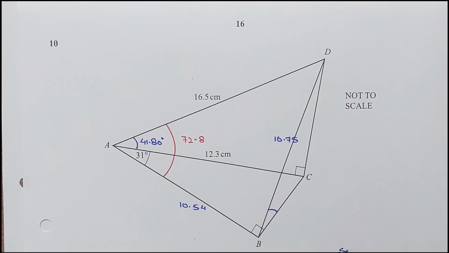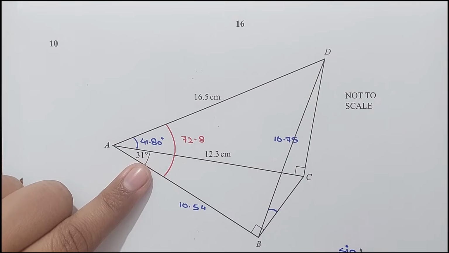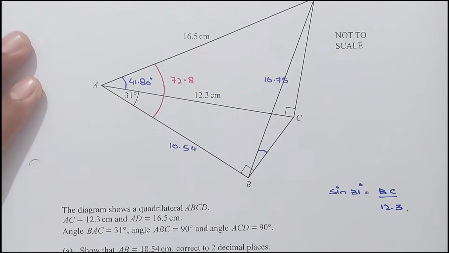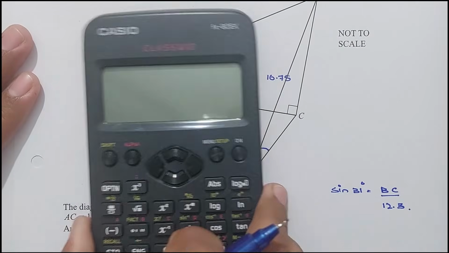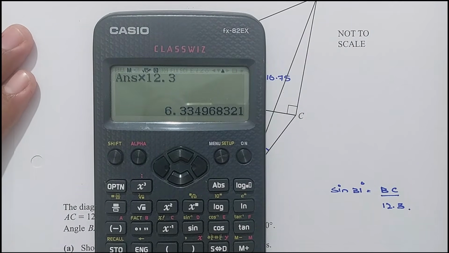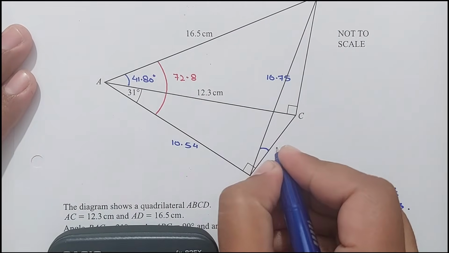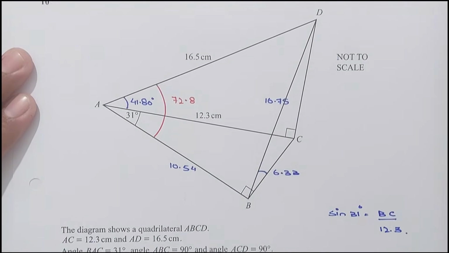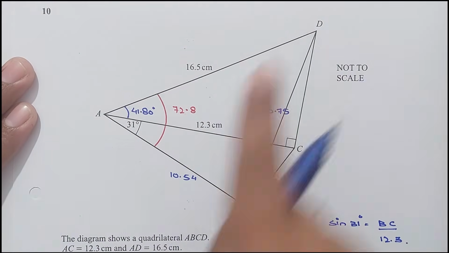So here we can say sine 31 is BC over the hypotenuse, which is 12.3, right? So let me solve for BC. Sine 31 times 12.3. This is 6.33. 6.33 is BC, right?